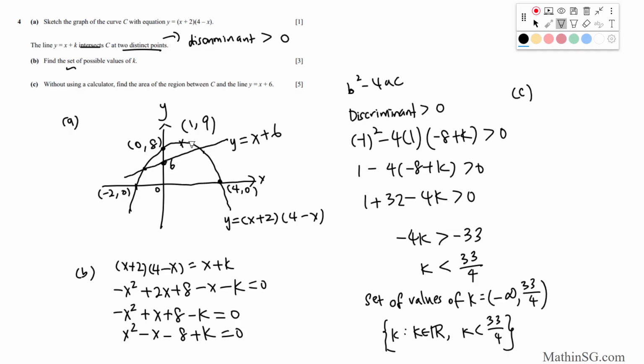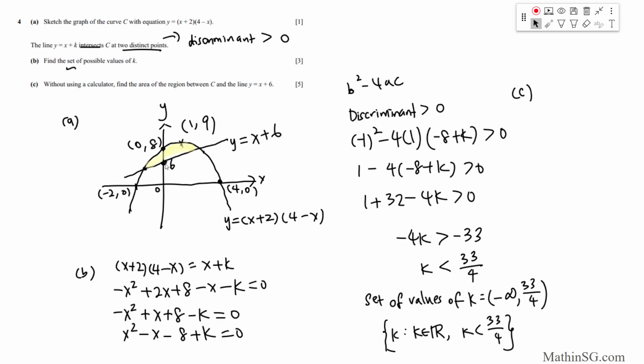So if you type it into your GC, y equals to x plus 6, you will see this, right? So the area between the curve, which is this one here, and the line y equals to x plus 6. So the area that we are looking at is the one that I'm going to highlight in yellow. This portion here.